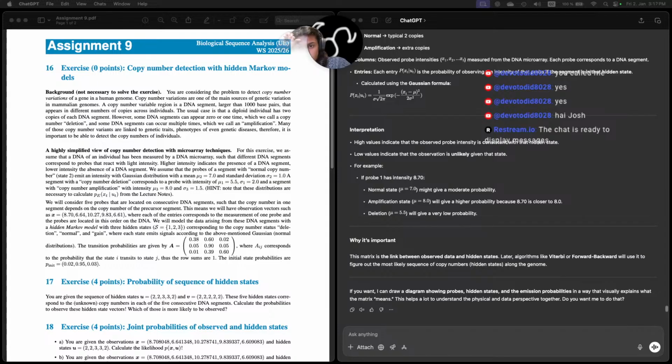Oh, that's the tree. Okay. Hidden Markov Model. Okay. At least we got the notes.